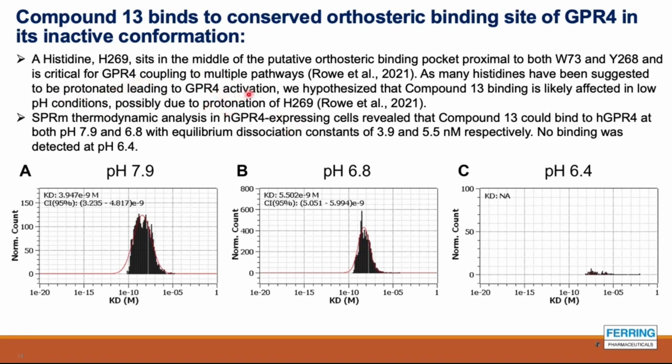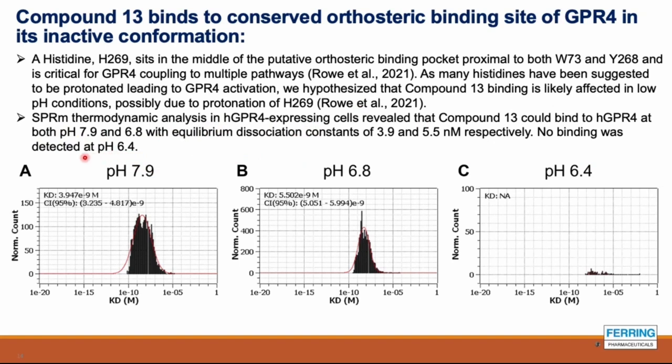So to confirm the binding properties of compound 13, that's when we used SPRM. We used GPR4 expressing cells that were fixed following stimulation with different pH, in the hope to fix GPR4 in either its inactive or active conformation, and then measure the ability of compound 13 to bind in those different conditions using SPRM thermodynamic analysis.